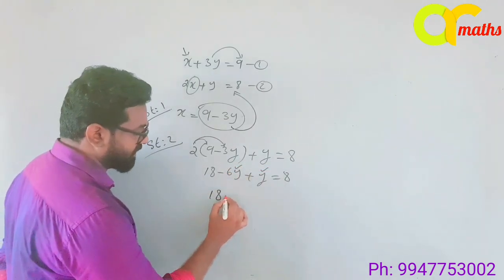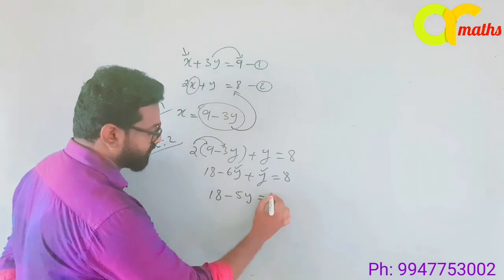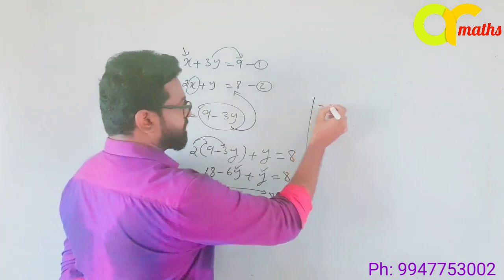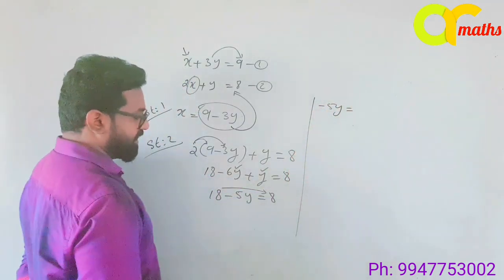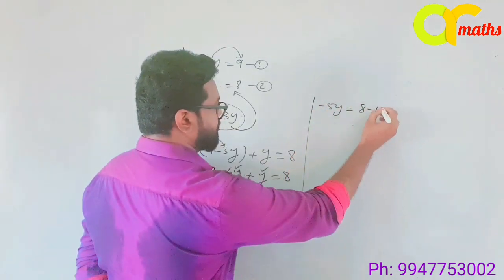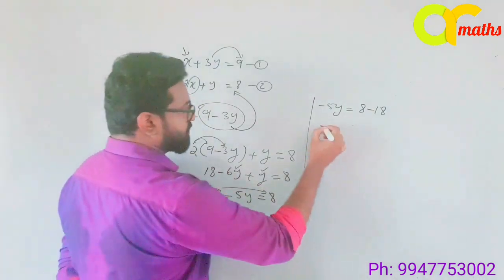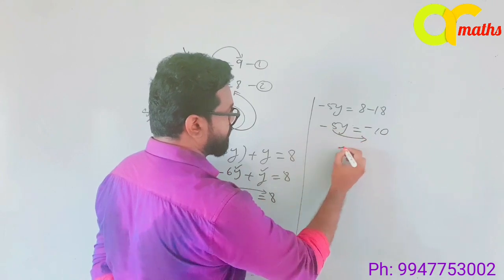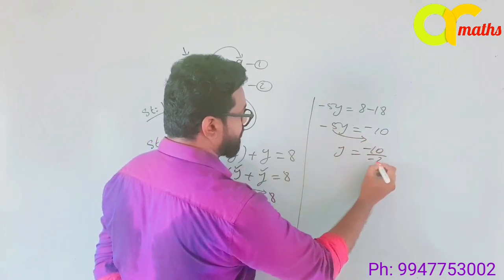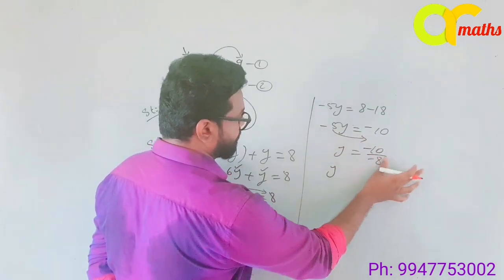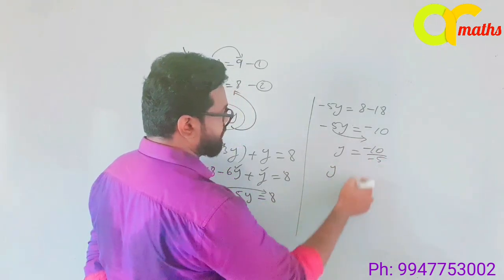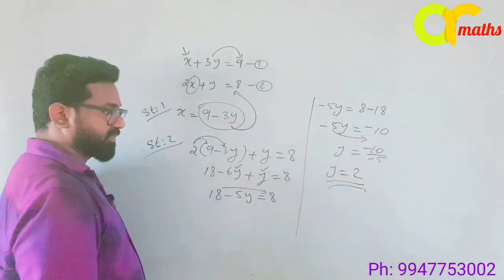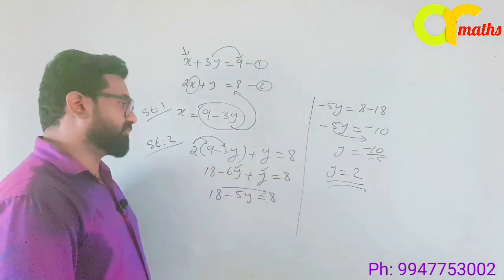So 18 minus 5y equal to 8. Then minus 5y equal to 8 minus 18. So minus 5y equal to minus 10. What is y? y equal to minus 10 divided by minus 5. Negative, negative, positive. 10 divided by 5, 2. So you got y equal to 2.